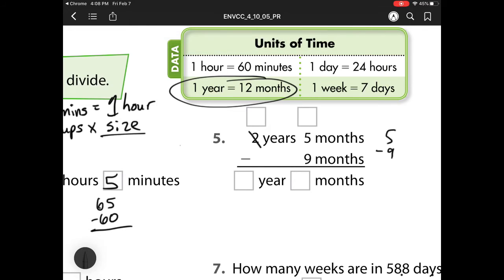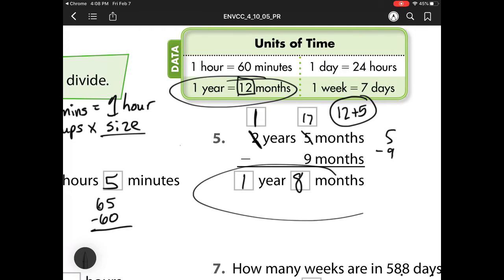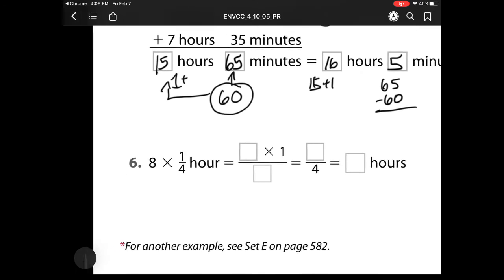So I'm going to borrow from this 2, so that will become 1 year, and I'm getting 12 months for 1 year, and I already have 5 months, so I'm adding those together. So I now have 17 months. 17 minus 9 is 8. 1 minus 0 is 1. So that is 1 year and 8 months.